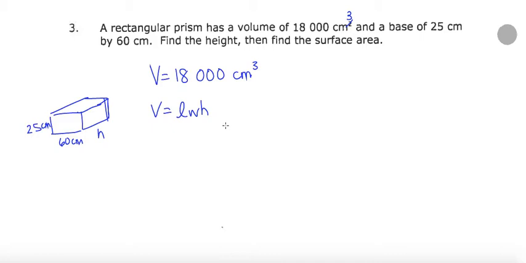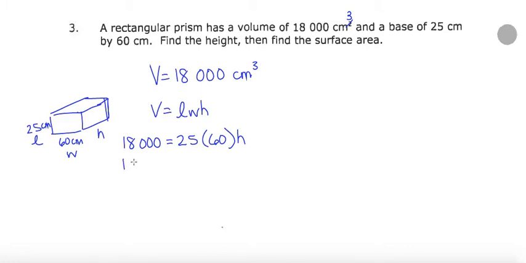So now I'm going to substitute in what I know. So my volume is 18,000. My length I'm going to use as 25. And my width I'm going to use as 60. And then the h is still our unknown.